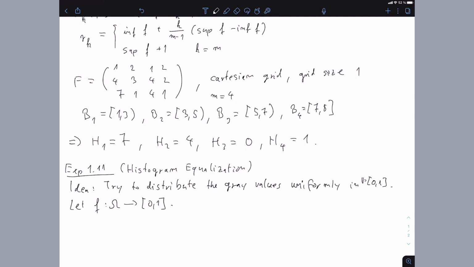First we need to exactly specify what we are looking for. We want to transform our intensities so that we have a linear CDF.